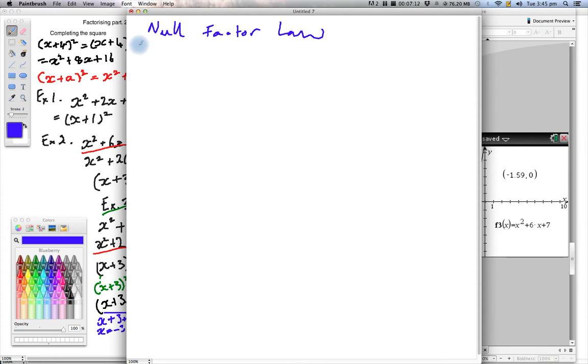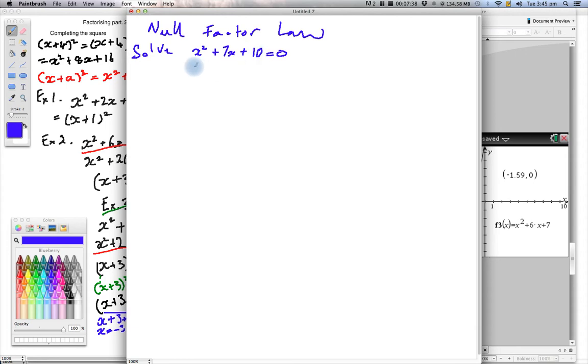So if something were to ask to solve x squared plus 7x plus 10 equals 0, that is the same as saying find the x-intercepts of this equation.